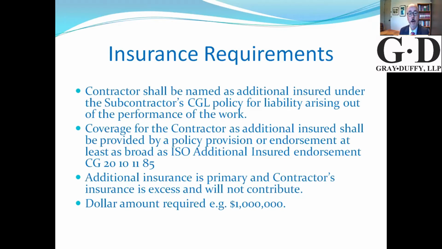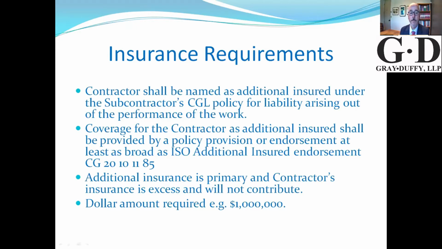It might further provide that coverage for the contractor as additional insured shall be provided by a policy provision or endorsement at least as broad as ISO CG 2010-1185. Of course, that's not available in the market anymore, and normally you need to have two separate endorsements to provide something roughly equivalent, one for the products completed operations coverage and one for ongoing operations, which we're going to talk about later on.